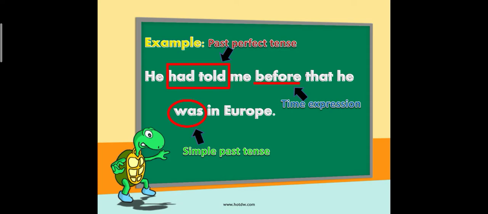So the past perfect tense in the sentence is "had told," while the simple past tense is "was." And "before" is the time expression. So this will be the look of your answer on the learning task.